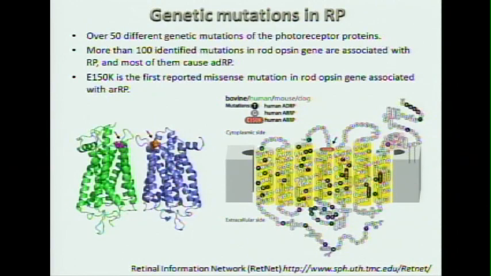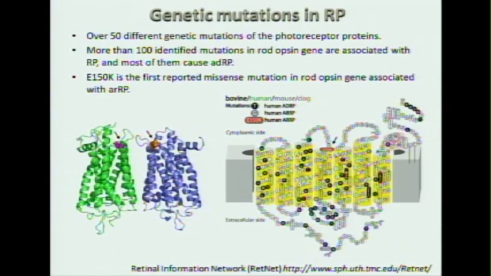As shown in the 3D and 2D rhodopsin structure, glutamic acid 150 is located in the C-terminal region of the second cytoplasmic loop, embedded at the edge of the phospholipid bilayer.